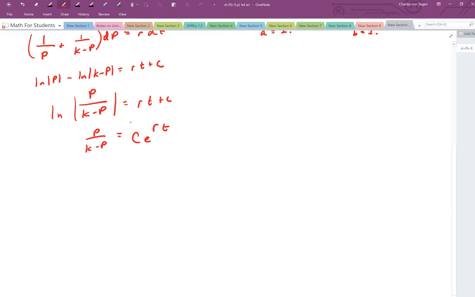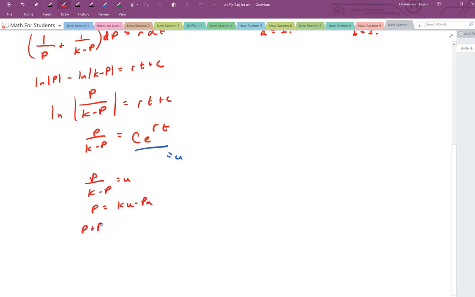Okay, just to speed this up, I'm going to label this as U, and so then that would give me P over K minus P is equal to U, or P equals KU minus PU.